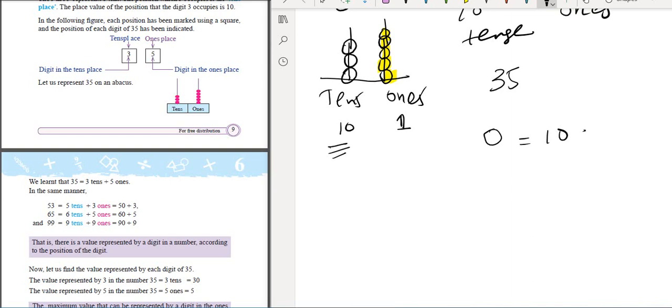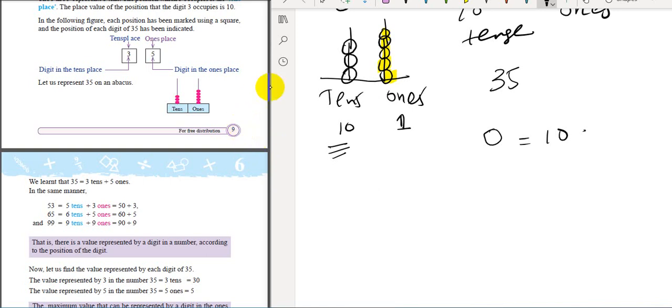It is very important. This is the place of 10. This is the digit in the ones place. How many digits are in the ones place? 5. How many are in the tens place? 3 tens are here. That's why we call this number 35.